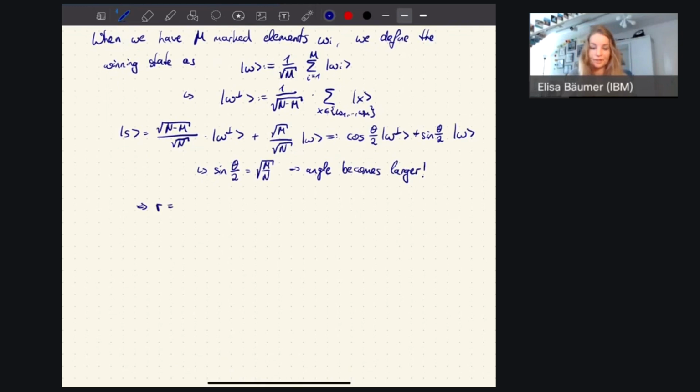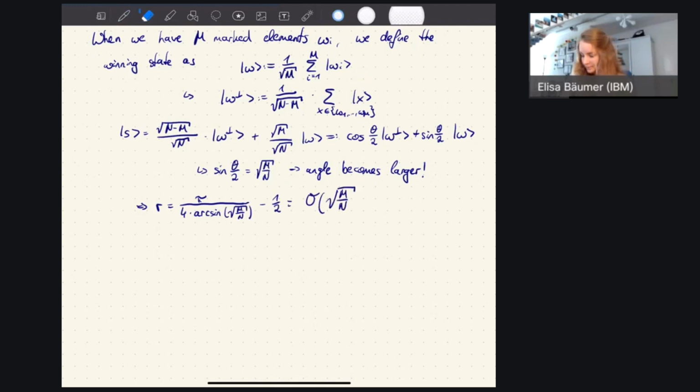And therefore also r changes, the number of repetitions of step 2 and 3 that we need to do, because it goes as 4 times arc sine of square root of m over n, or minus 1/2, which is not so important for large n, of course. And this then scales as square root of n over m.